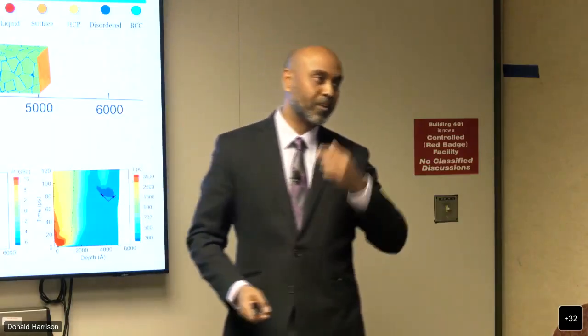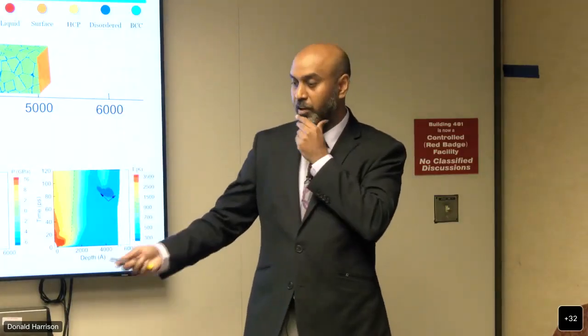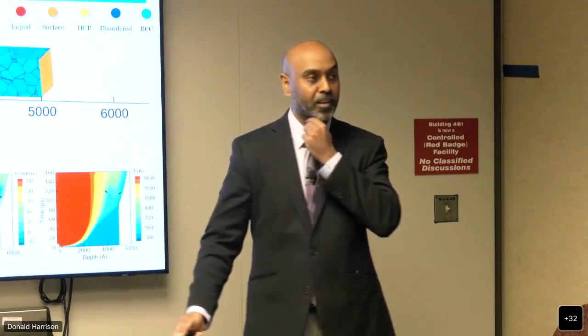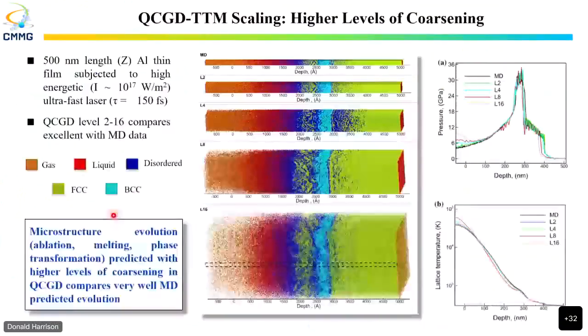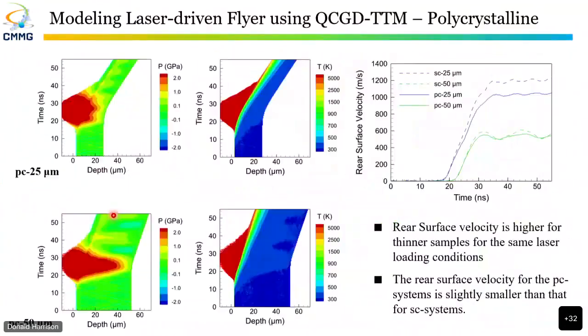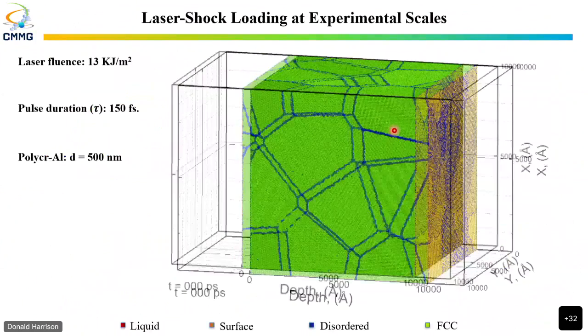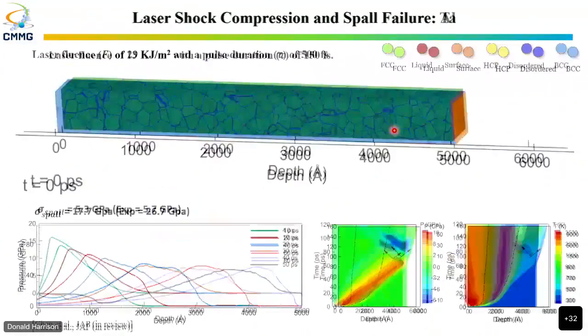So it's the same thing with these laser-driven flyers that we have. Our velocities, these velocities that we are getting, are on the order of 100 to 1200 for these systems. And I think I had a plot somewhere for our experimental data.